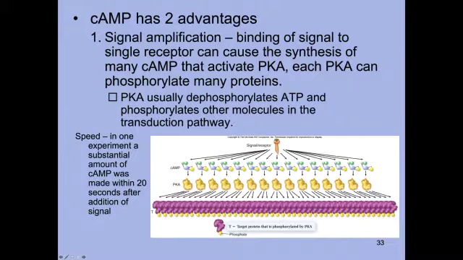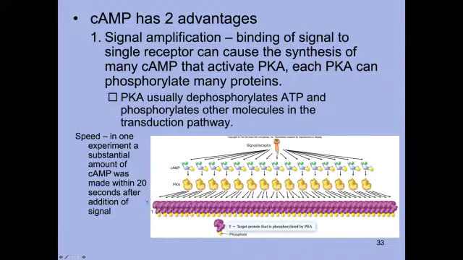So these purple proteins are all targeted. They need to be turned on, and we need tons of them. And if we need lots and lots of these purple proteins activated, the quickest and easiest way to do that is through a second messenger.